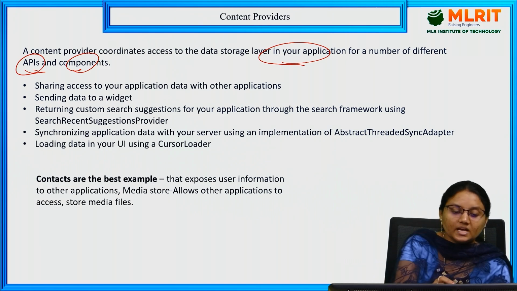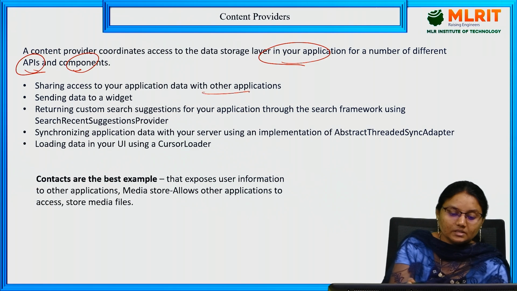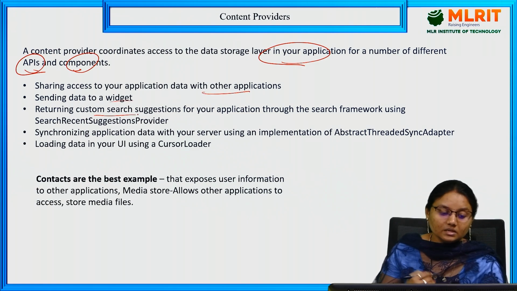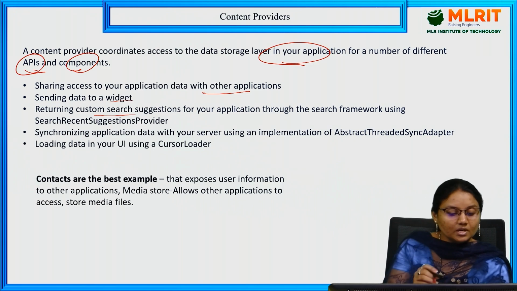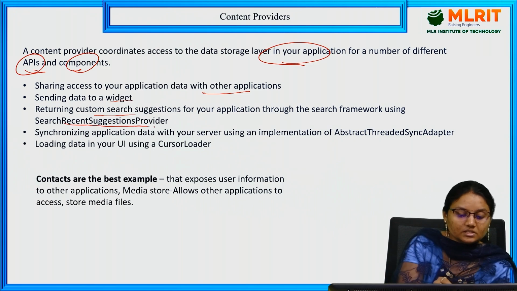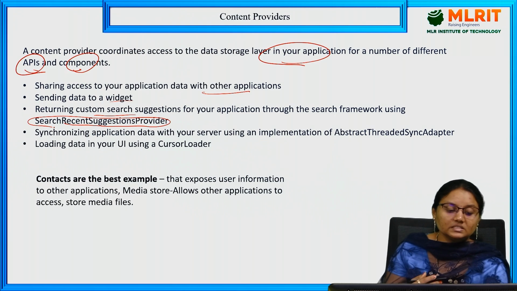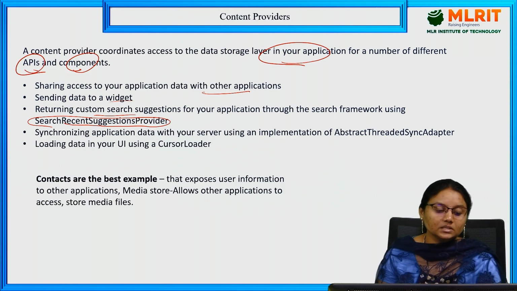So: sharing access to your application data with other applications, sending data to a widget, returning custom search suggestions through the search framework using the search recent suggestions provider. Search recent suggestions provider means what?